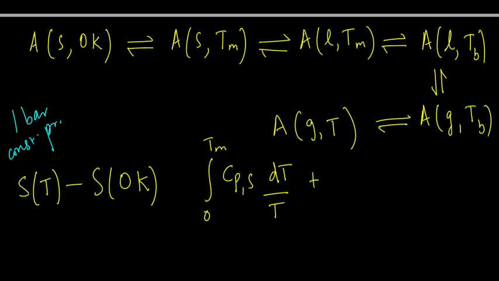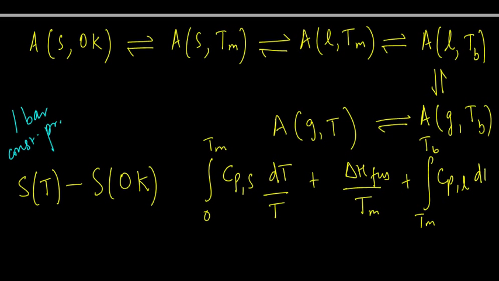Plus, then it's from solid to liquid, so delta H fusion by the temperature of melting, plus from the melting temperature all the way to the boiling temperature Cp liquid dT by T, plus then we have delta H vaporization by temperature boiling.